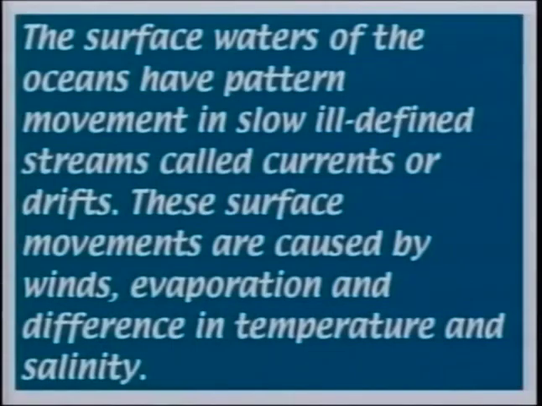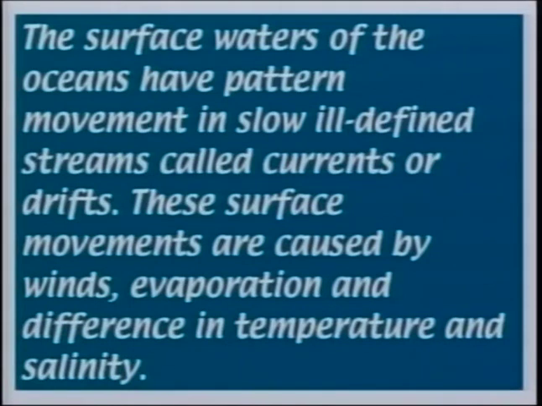When we look at the surface waters of the oceans, they have a pattern, and the movement is in a slow, ill-defined stream, which are called currents or drifts. In other words, the waters in the oceans tend to move in slow and ill-defined streams, which are referred to as currents or drifts.